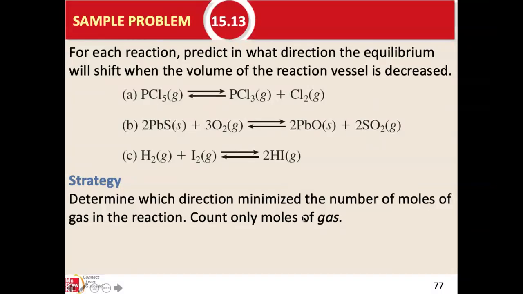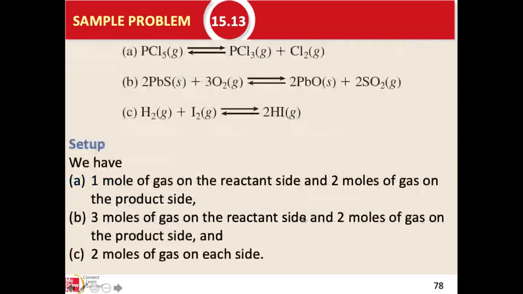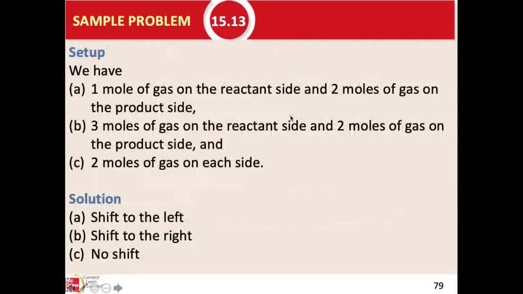Do not look at the moles of solids. So for A, 1 mole of a gas here, 2 moles of a gas on the product side. For the B, 3 moles of a gas on the reactant side, 2 moles of a gas on the product side. And for the C, you have 2 moles of reactant and 2 moles of product.